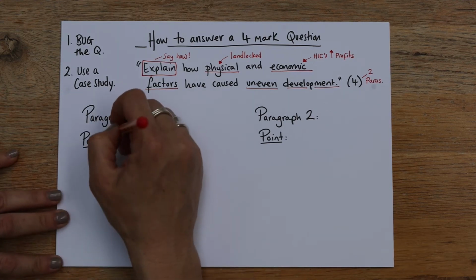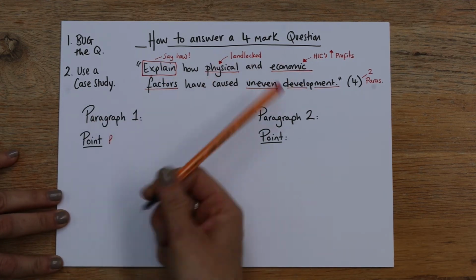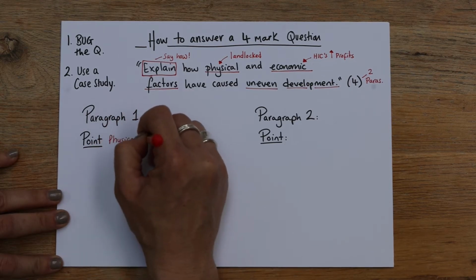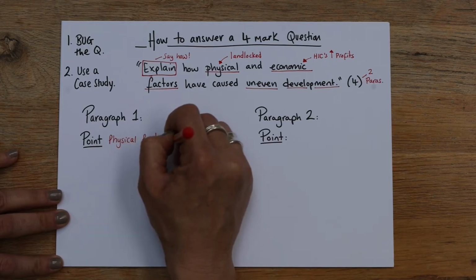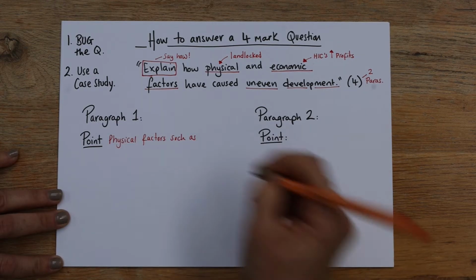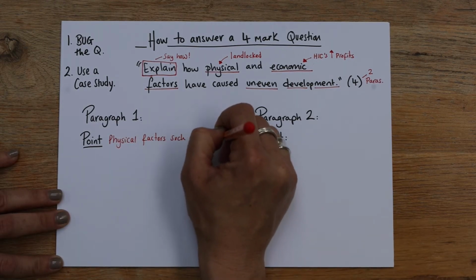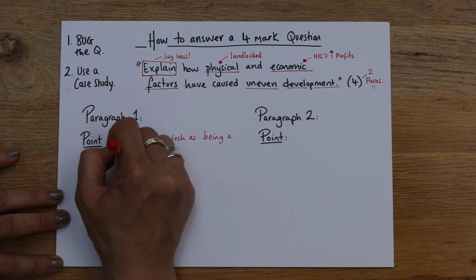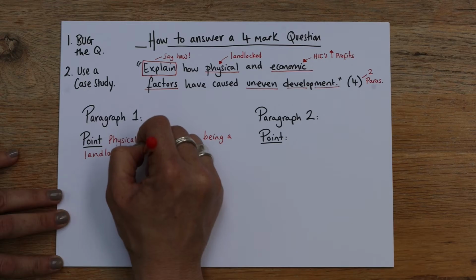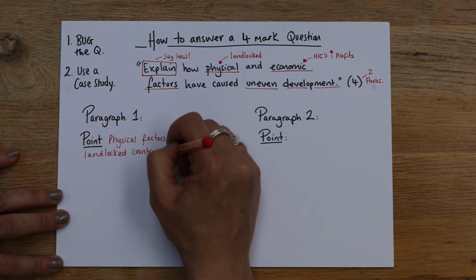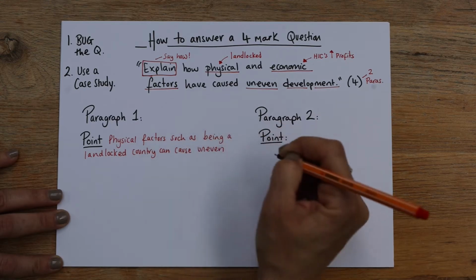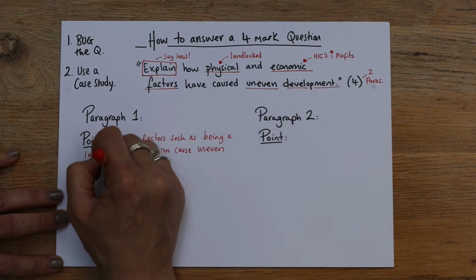So our point is that, remember, we're going to use the words in the question. So physical factors such as being a landlocked country can cause uneven development.